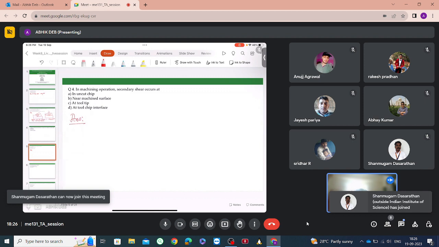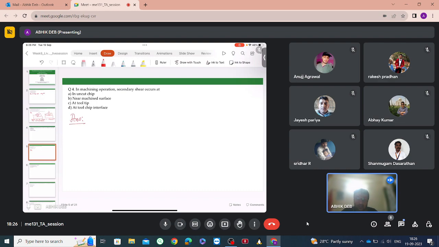Do you know where the secondary shear occurs or what is secondary shear? Sir, secondary shear occurs between the metal chip and the cutting tool. Yes, exactly. What is the reason for the secondary shear?